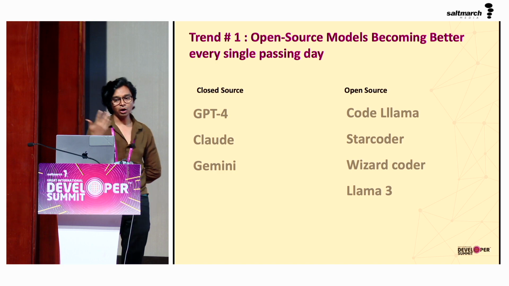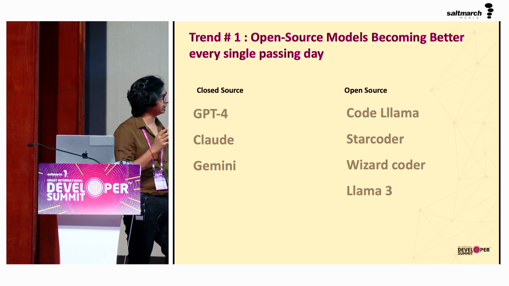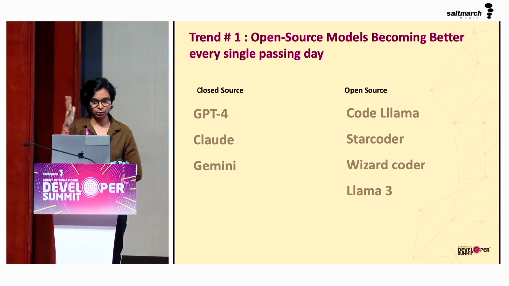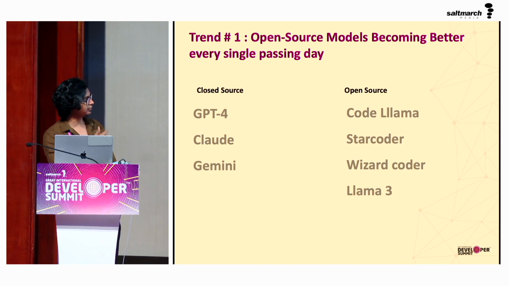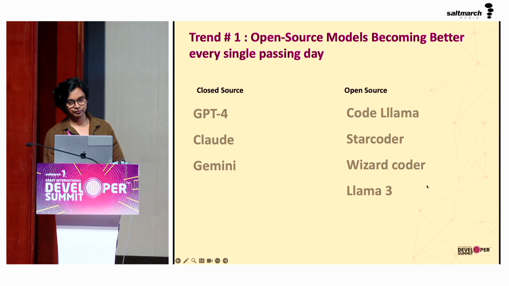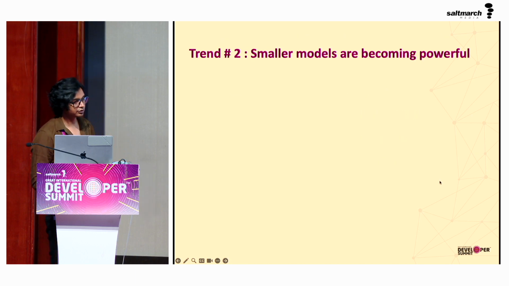With all of the open source work happening, these models are pretty darn great. Code Llama is almost at par with many of these closed source models. And Llama 3, for example, got released, which is claiming to be better than or at par with GPT-4. The second trend is smaller models.